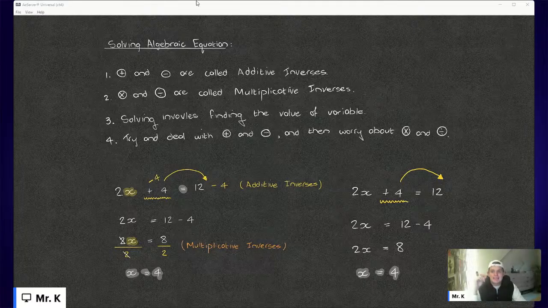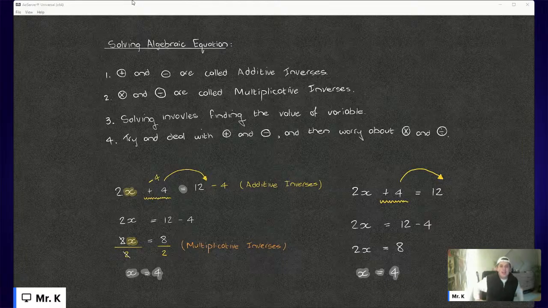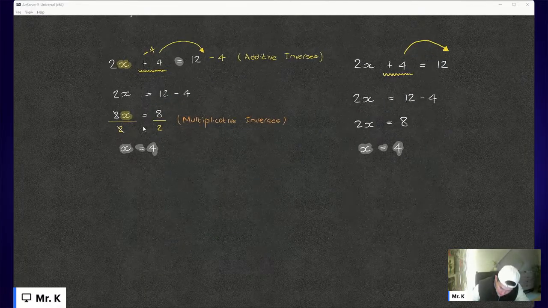Now, logs is a concept that we use when we're solving exponential equations, but that is usually done at around grade 11 level, okay? So I'm not going to worry about logs for today. If you know how to use logs, that's awesome. And you can go ahead and use that in calculations if you come across questions like that in your work, but that is pretty unlikely. Okay, so let's go ahead and take a look at some examples.